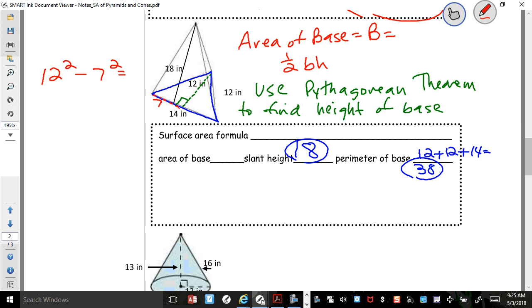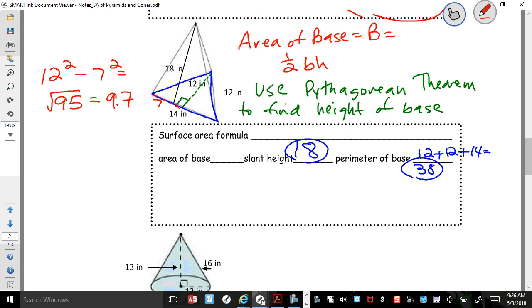In your calculator, 12 squared minus 7 squared. So 144 minus 49? 95. So we got to take the square root of 95. 9 point what? 9.7. Right.